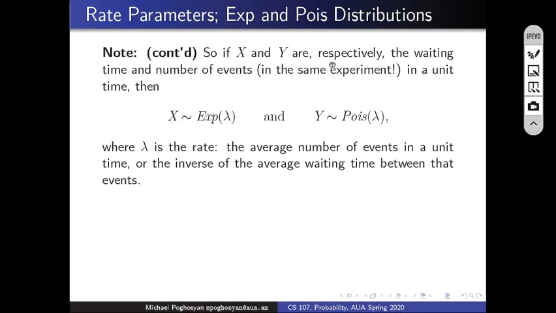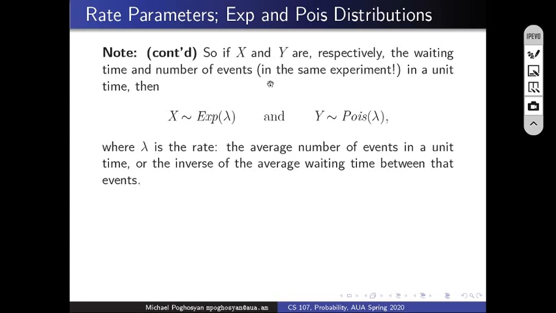If x and y are respectively the waiting time and the number of events in the same experiment in a unit time, so we are fixing unit time, y is calculating how many events happened, and x is calculating the time passed from one event to another one. Then x is exponential with parameter lambda, and y is Poisson with the same parameter lambda, where lambda is the rate: the average number of events in that unit time, or the inverse of the average waiting time between those events.